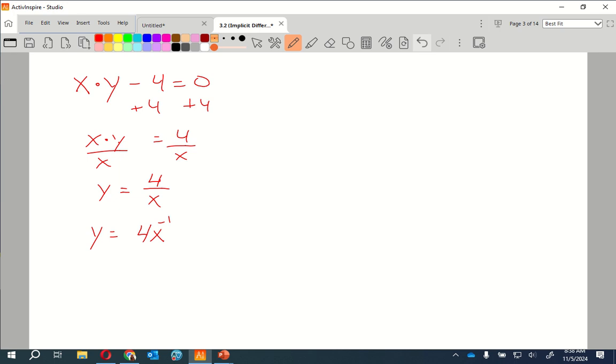Okay. And then now derivative, so y prime is equal to negative 4 x to the negative 2. Rewrite it. Y prime is equal to negative 4 over x squared.